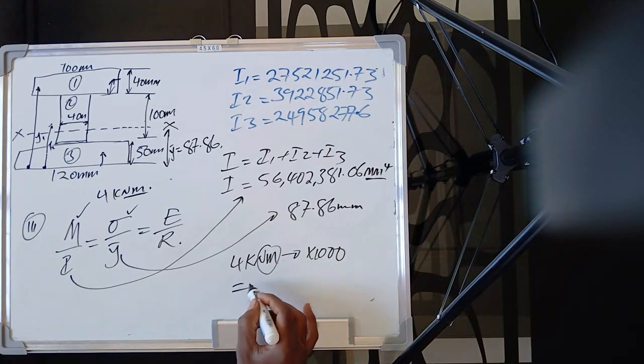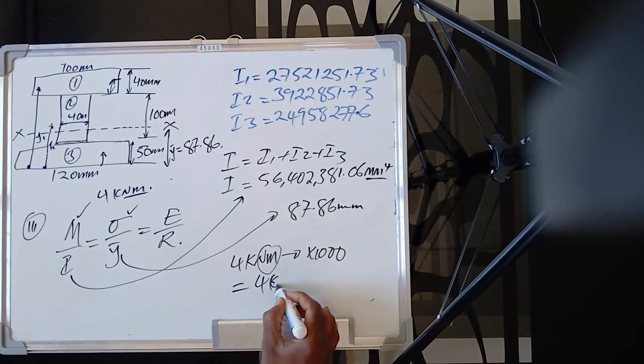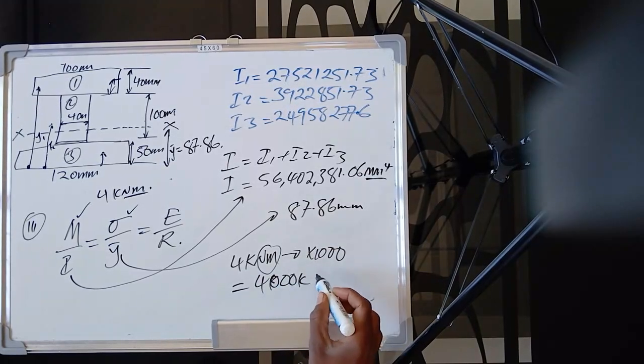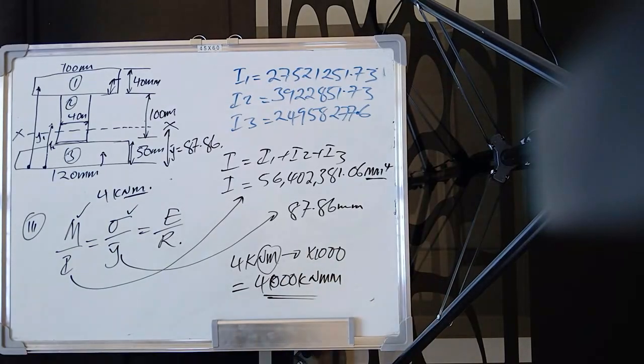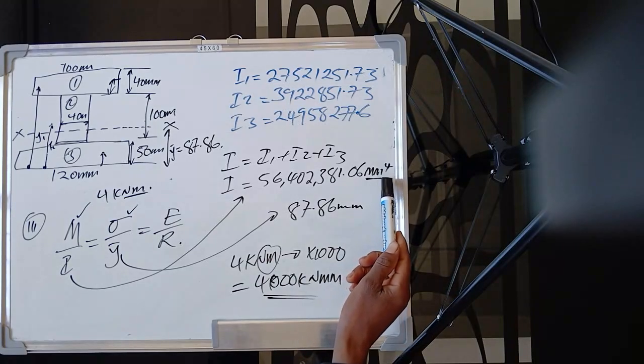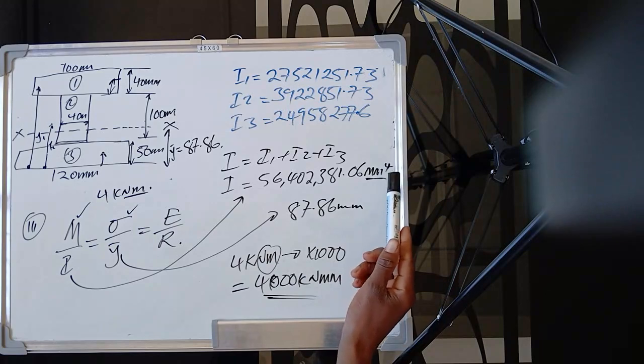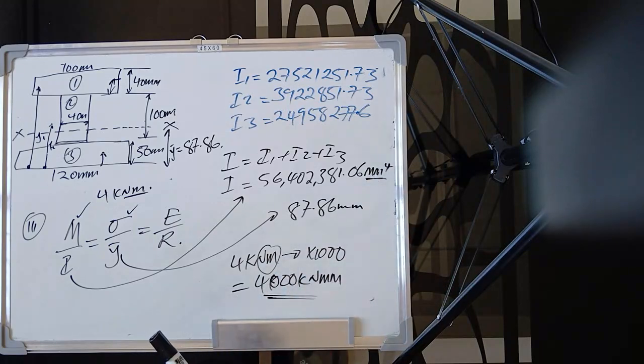It should give you 4,000 kilonewton millimeters. That's how you do that one. If you want, you can convert the other one to meters by multiplying by 10 to the power negative 12. I choose to go the easiest way. It's not worth it to live a difficult life. Life is short.